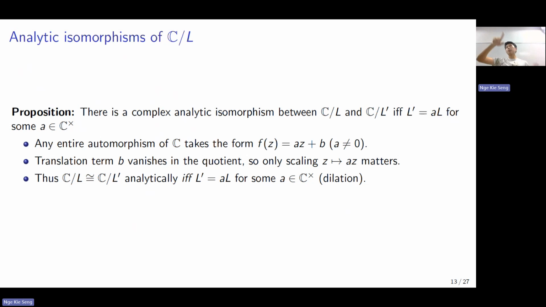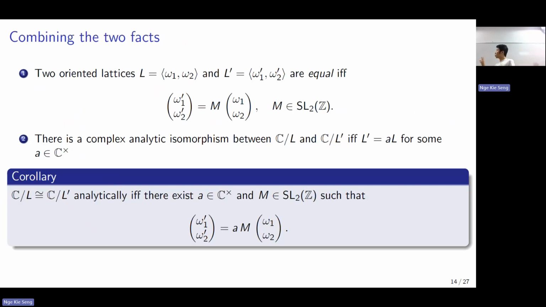So once we quotient it by a lattice L, we actually took care of the translation part. All that remains is that when L prime equals A L, C quotient by L is isomorphic to C quotient by L prime. Combining these two propositions, we now have this corollary.